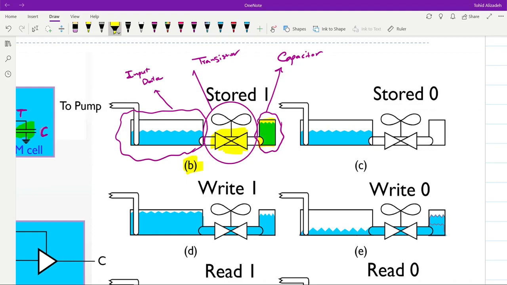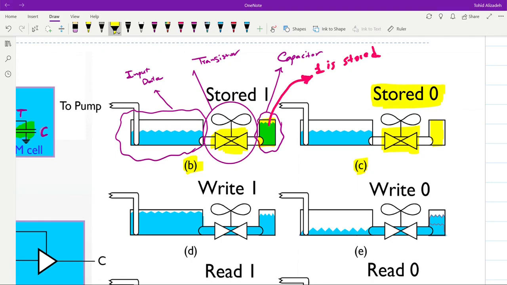This means that we have the value of 1 stored. In part C, we see that still the valve is closed, so we don't read or write into the memory cell, but we see that there's no liquid inside the small tank, and it means that we have the value 0 stored in our memory cell.